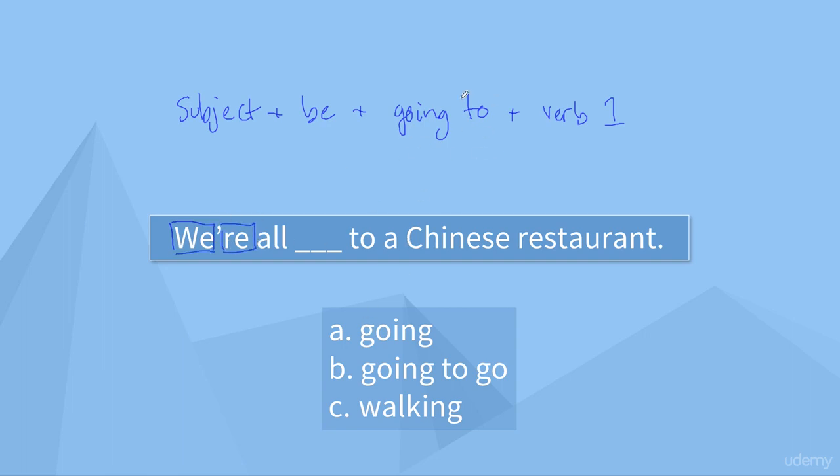So the next word should be going to. Well, it's not walking. We've got going here. We're all going to a Chinese restaurant. Now, this is actually present continuous. So we're not going to use that. So of course the answer is we're all going to go, going to, and then verb 1, which is go, to a Chinese restaurant.